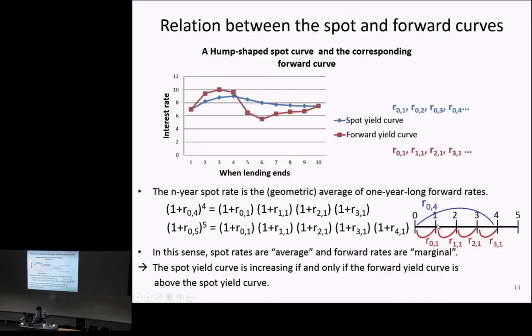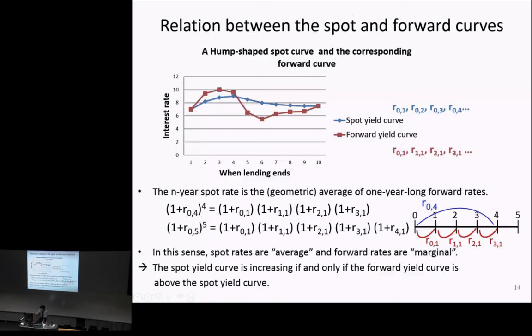Imagine again that you invest your money for 4 years. One way is to use the 4-year-long spot contract, for which your money will increase by a factor of (1 + R04)^4.